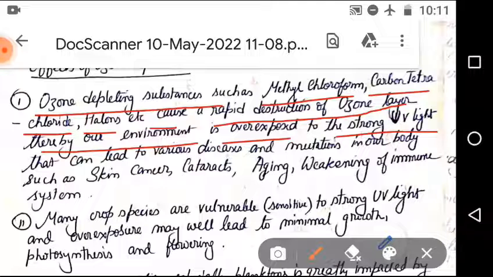That is the main reason why we are getting too much exposure to UV light, because the ozone layer has become thin, so more UV rays can enter the earth.